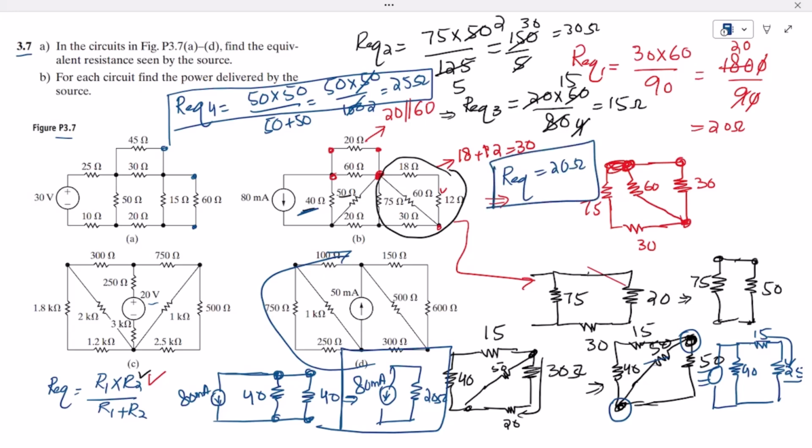In order to find the power provided by this 80 milliamperes, P is equal to I squared R. Let me put the value of I, which is the same one, and R is R equivalent. So I is 80 milliamps, which is 0.08, squared, multiplied by R equivalent, which is 20. So once you calculate it, you will get the answer for this power.